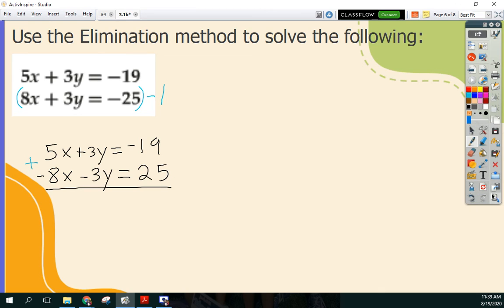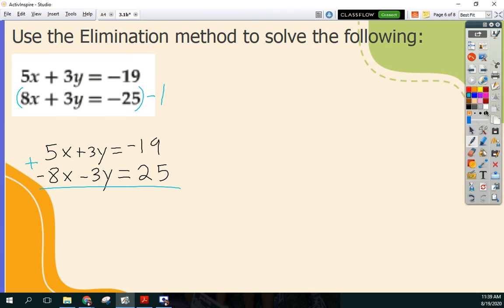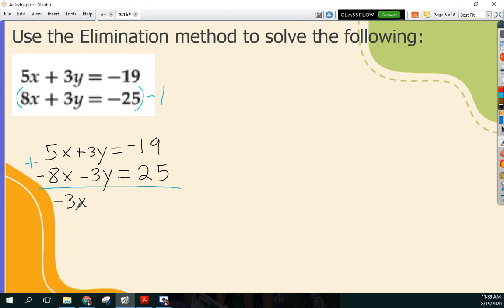So we have 5x plus a negative 8x, which is going to give us a negative 3x. And the whole reason that we do all of these steps is because notice I have 3y plus a negative 3y, which gives us 0y.